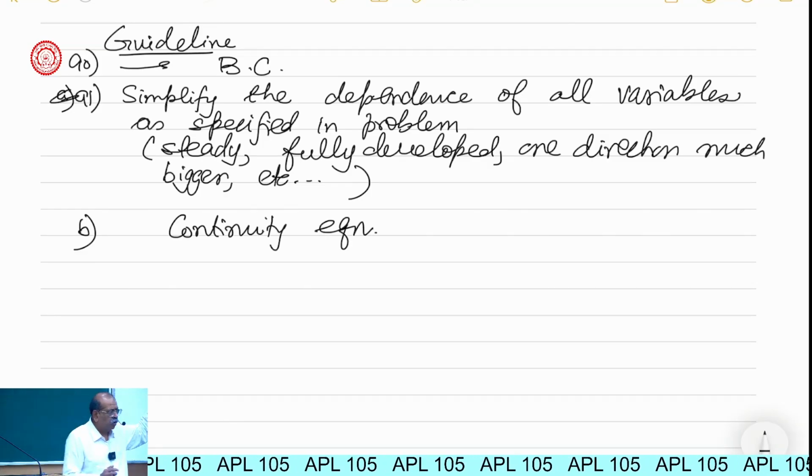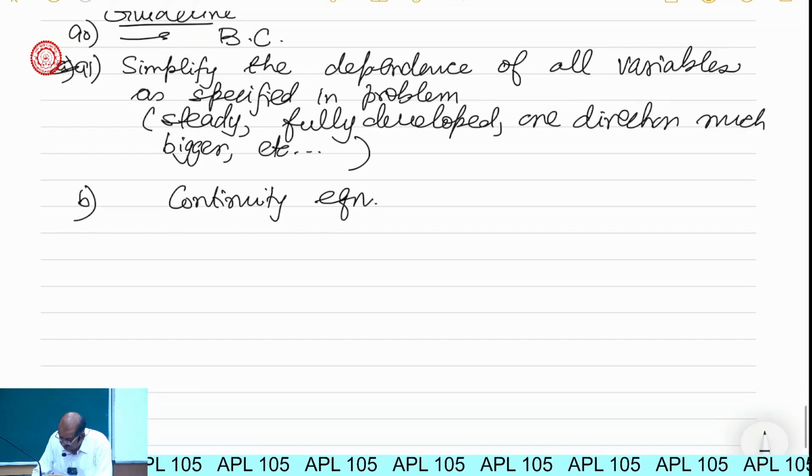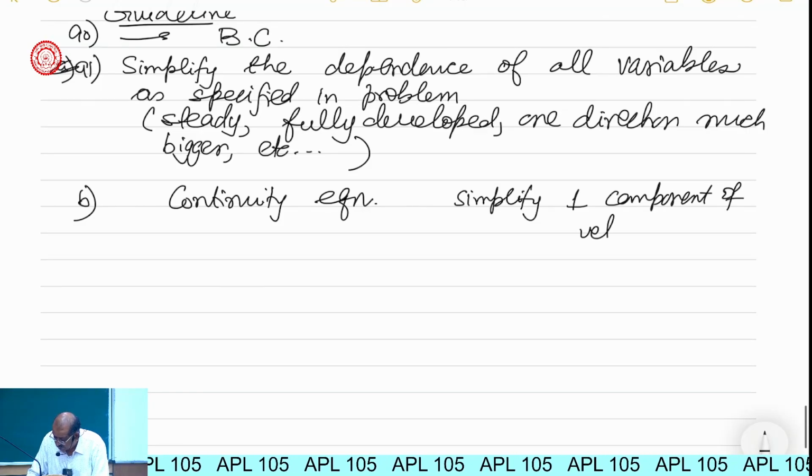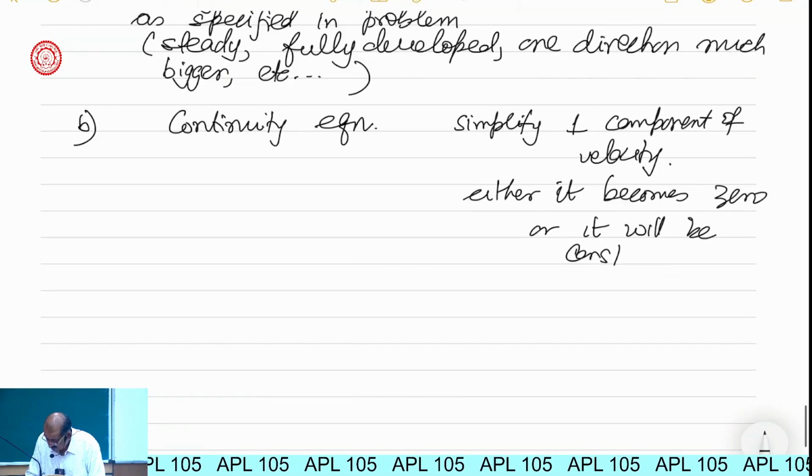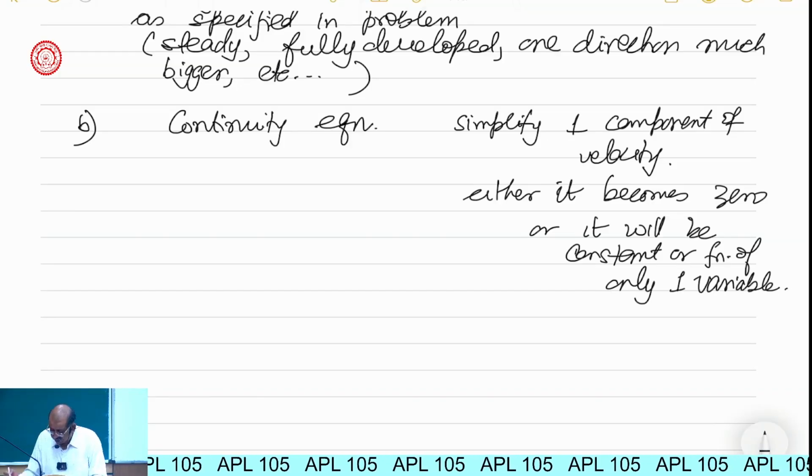we should first go to the continuity equation. And continuity equation typically will simplify one component of the velocity. Either it will become 0 or it will be constant or function of only one variable.